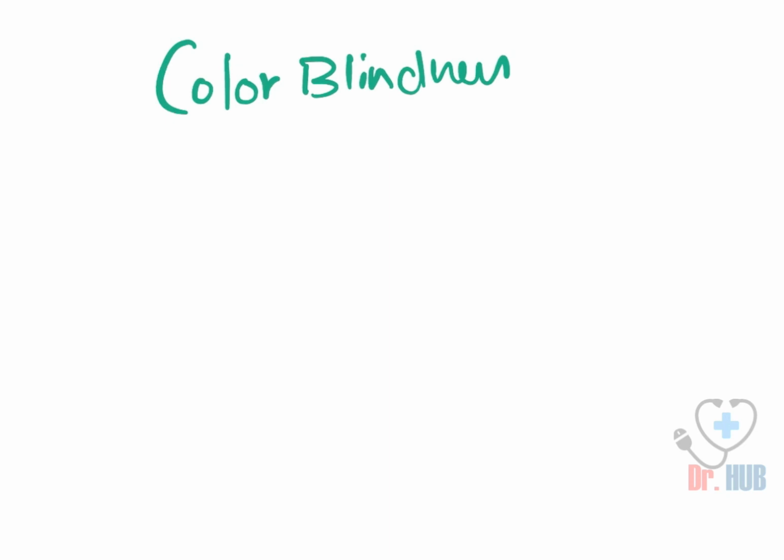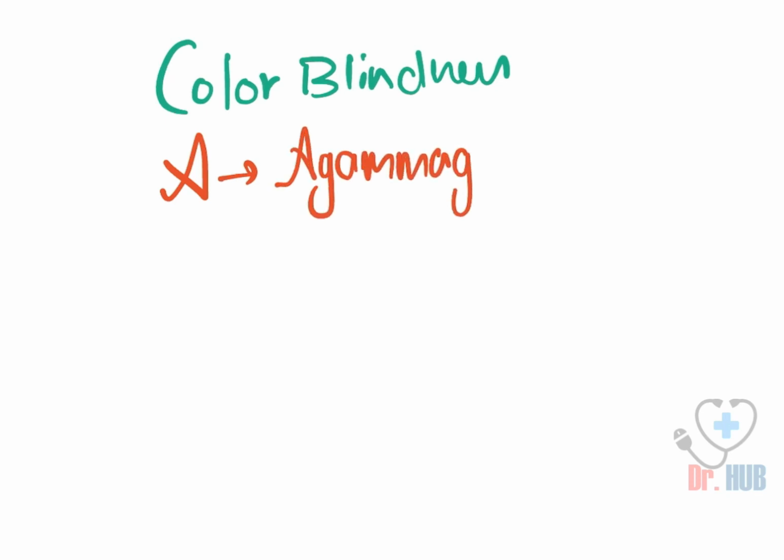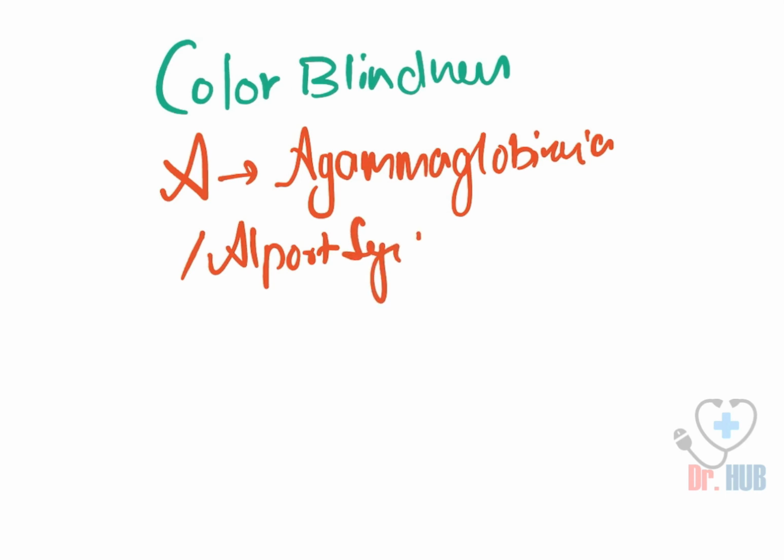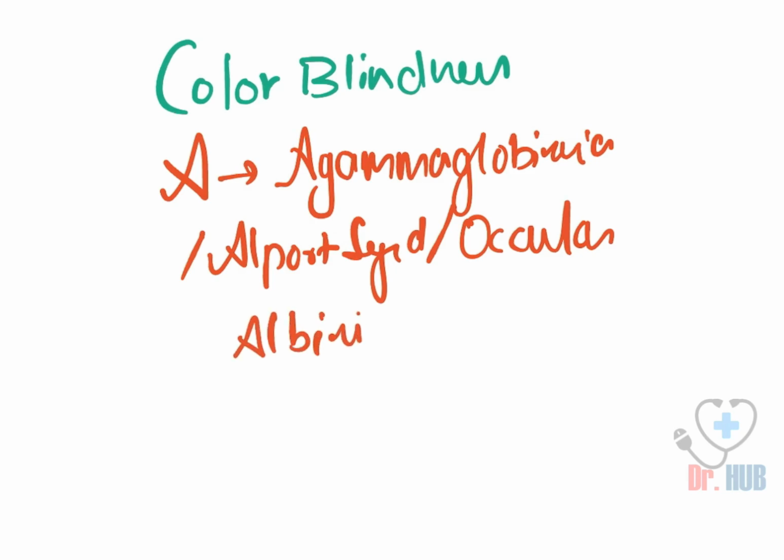Then we have A, for agammaglobulinemia and also the Alport syndrome and ocular albinism.